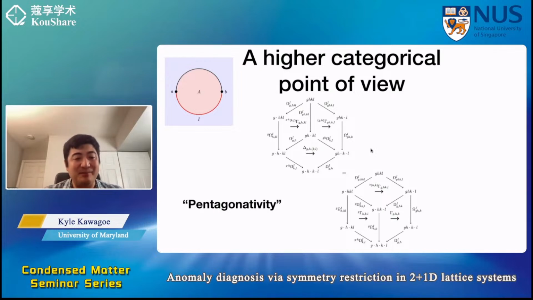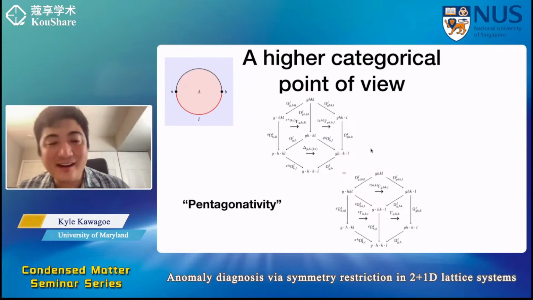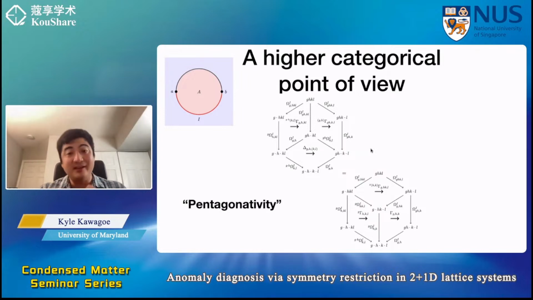Now, delta and gamma satisfy some relationship, which, it's a non-standard term, but I'm going to call pentagonivity, which is represented by a cube. So this is a pasting diagram. In general, if you have a pasting diagram, what it means is you just compose the arrows in the only way they fit together.